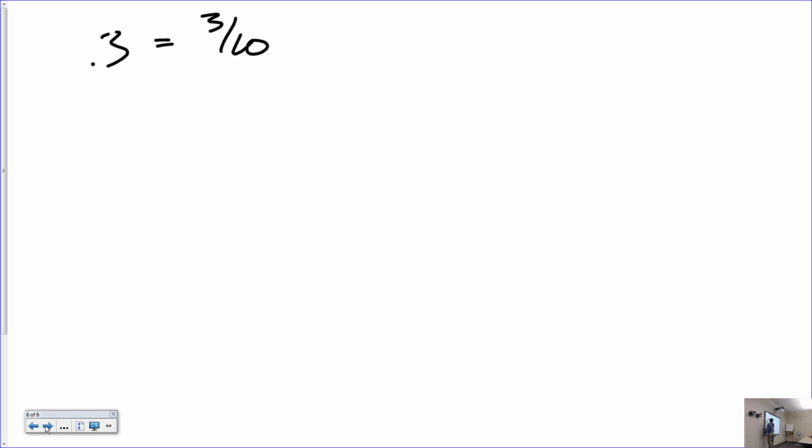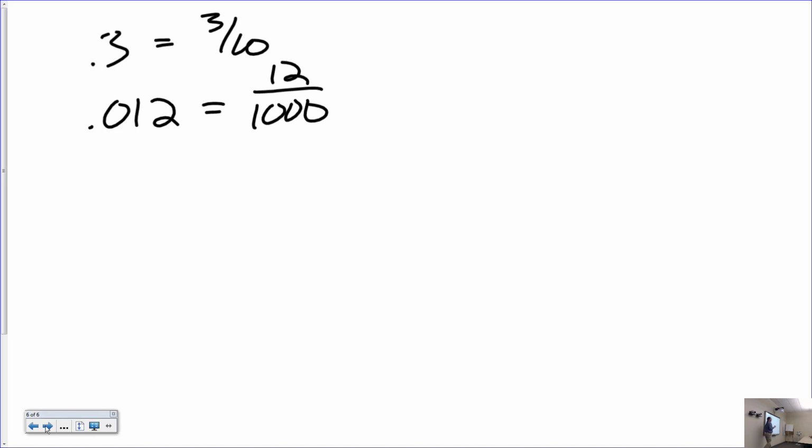Let's do 0.012. Careful. Where does it get to? So what is this number technically? 12 thousandths.